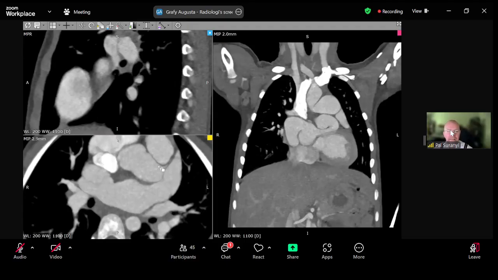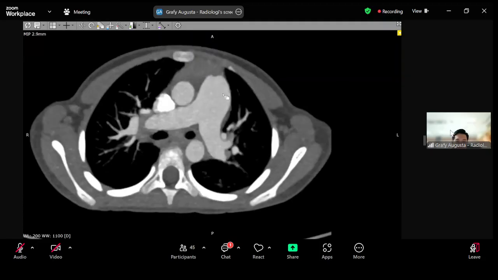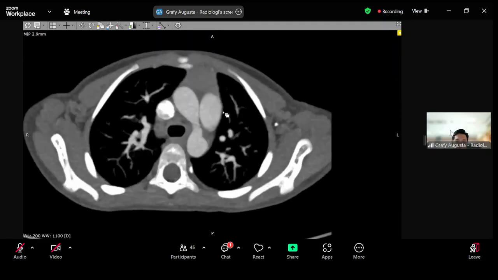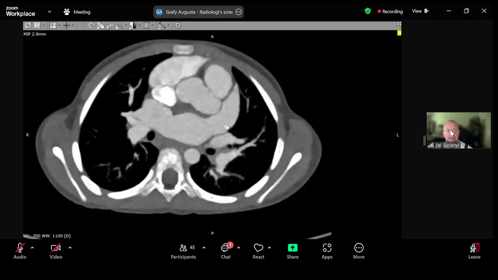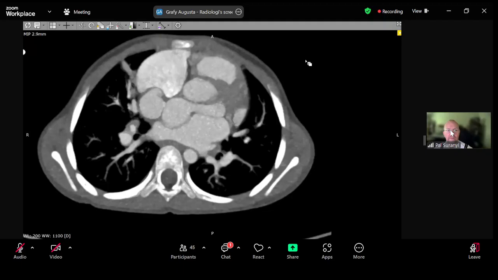Does anybody else have any comments or questions? Is this the patient that you mentioned turned blue during exercise? Yeah, Prof, but it doesn't turn blue.